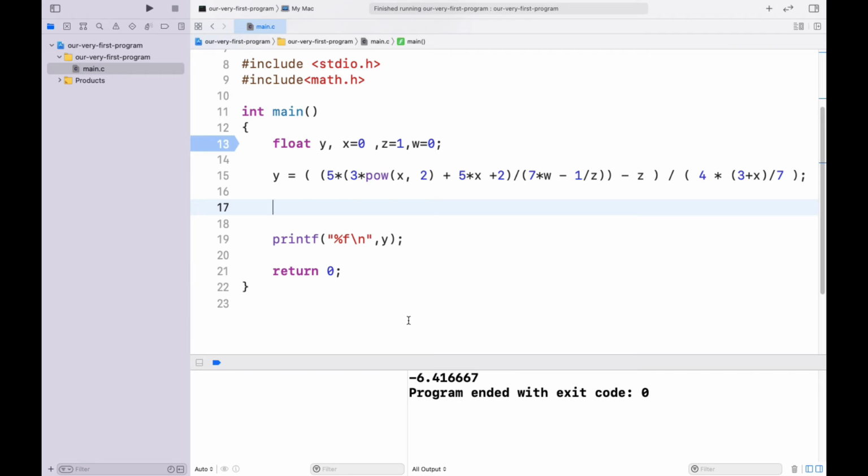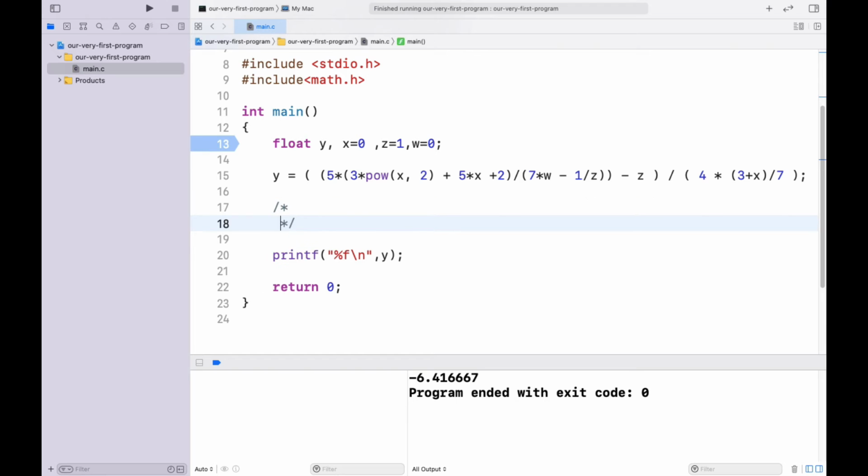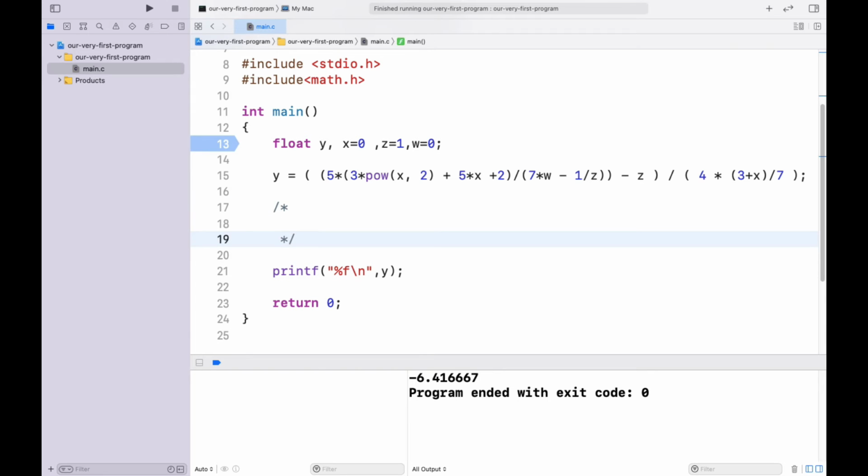We are getting the answer of minus 6.4167. So I have given the value of x to be 0, z to be 1, and w to be 0 itself. So let's calculate it out. Obviously the 0, I'm going to clear things out.